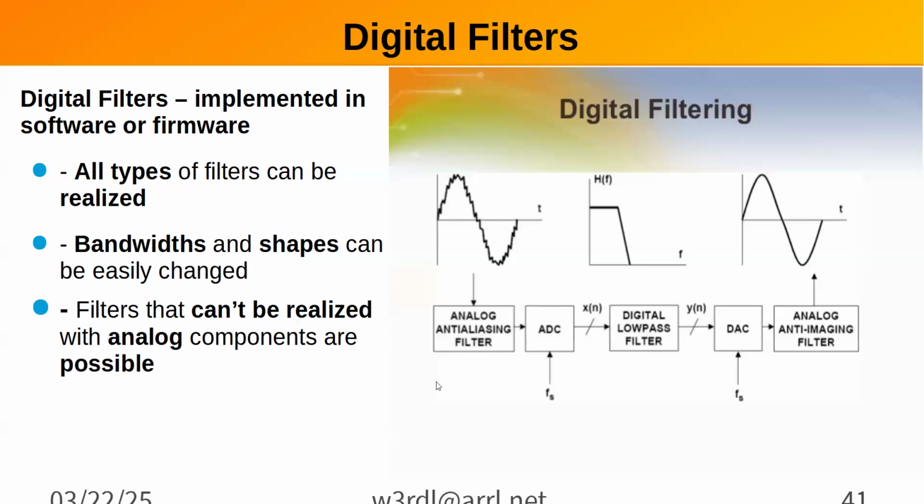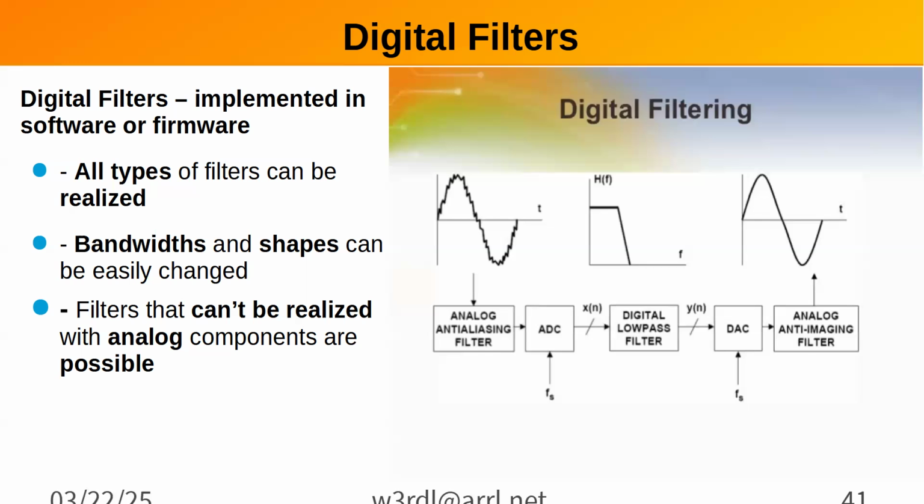So typically you still use an analog anti-aliasing filter, which is just a low pass filter, so that you don't have any higher frequencies above the signal that you're looking for, because you wouldn't be sampling it enough, and you'd see that high frequency signal as a much lower signal.